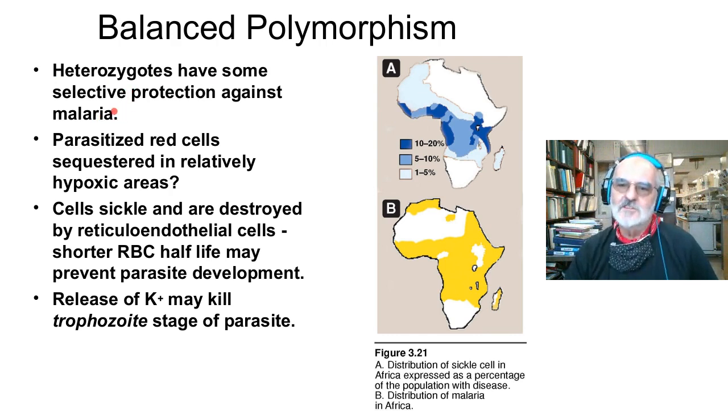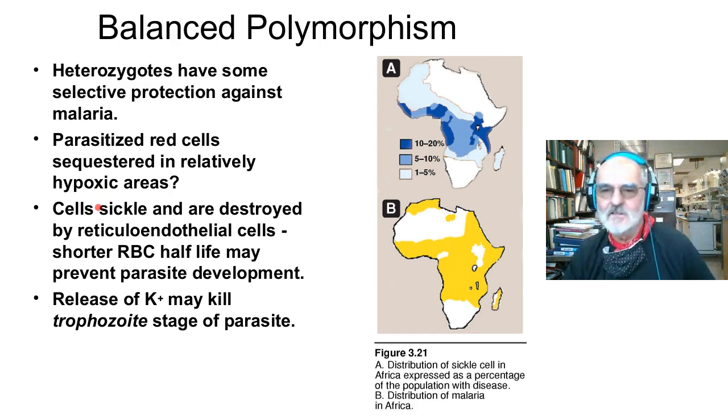The general life cycle of the malaria organism is in red blood cells. So to develop, it needs intact red blood cells. And hemoglobin S patients tend to have more fragile, less stable red blood cells. And so consequently, the life cycle of the malaria organism is reduced.